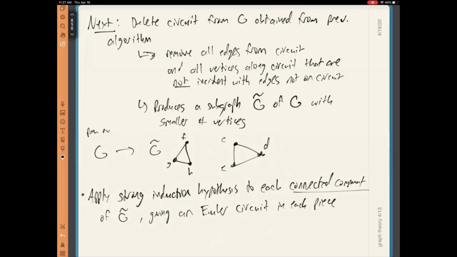And then once we find an Euler circuit in each of the connected components of G tilde, we can join them together, right? So join these circuits to the original, which is the red path in the previous picture, and you can complete them to find an Euler circuit for G.